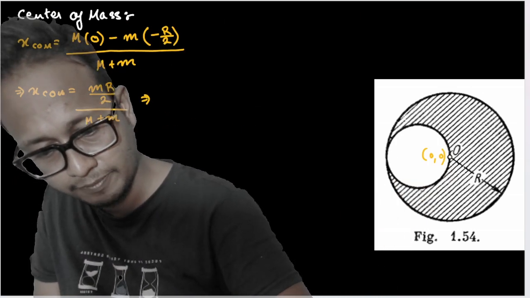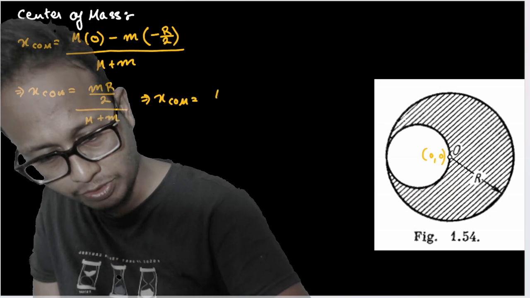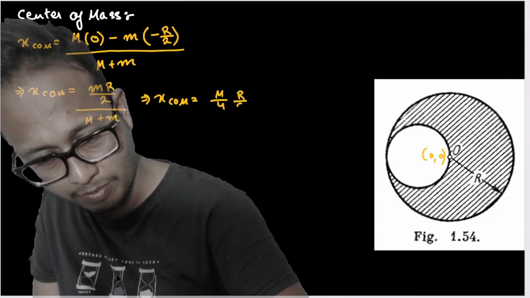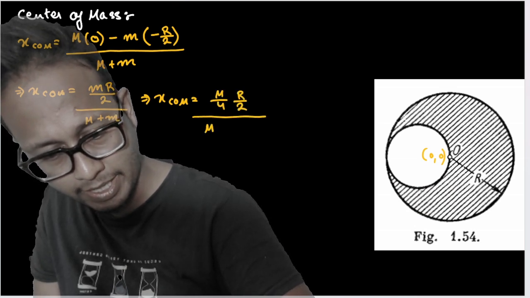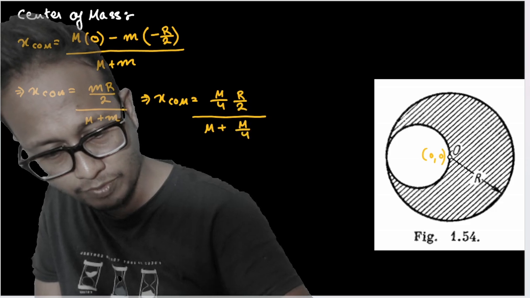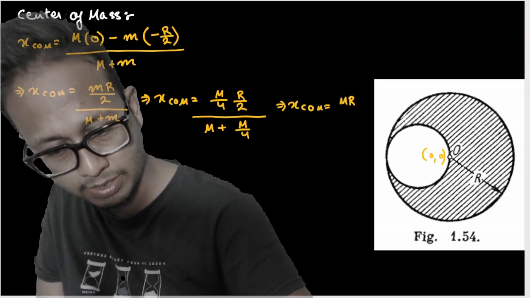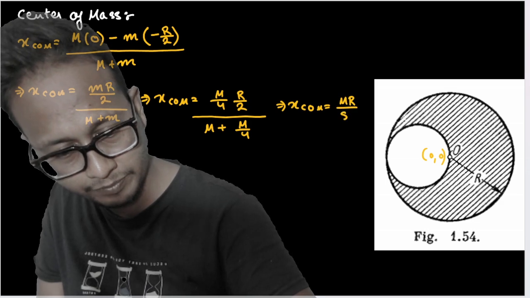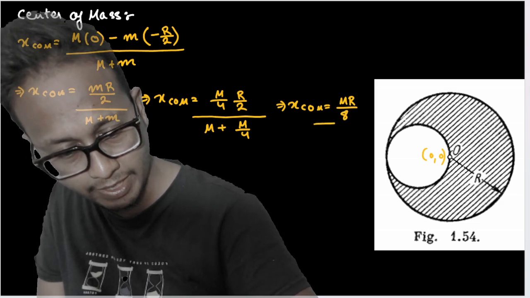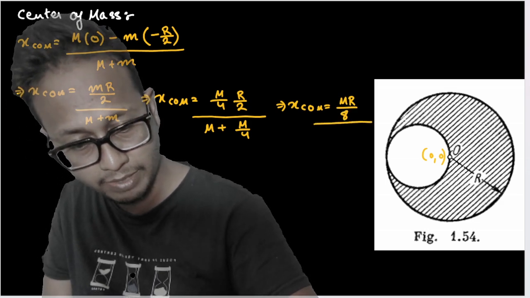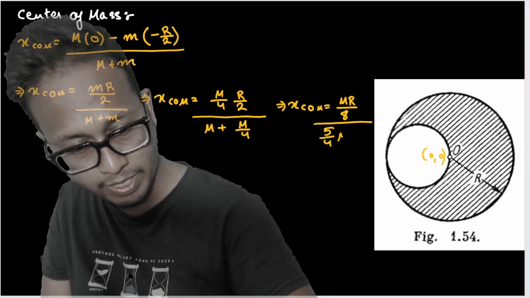So x center of mass is equal to capital M by 4 into r by 2, divided by capital M plus capital M by 4, which is nothing but 5 by 4 m.